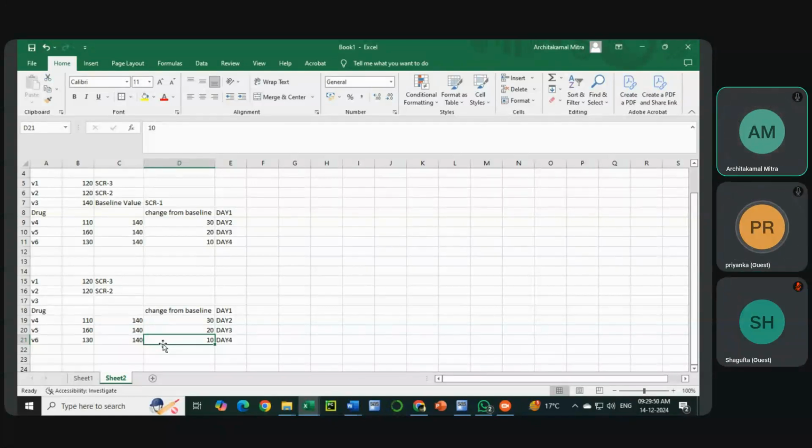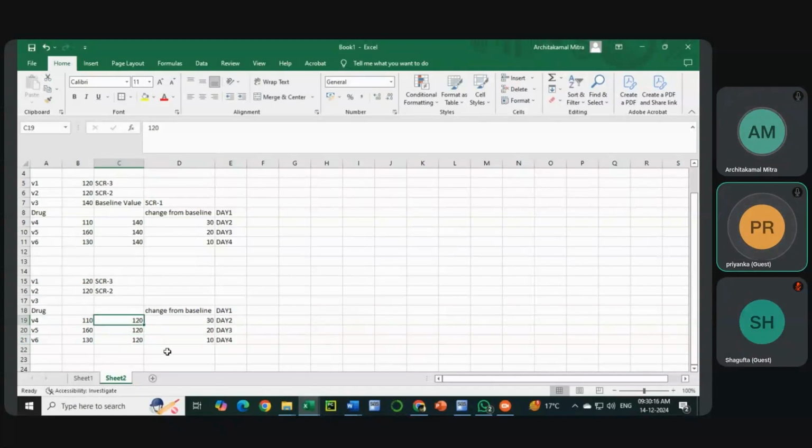Correct, absolutely. We don't have this one. So can we have this as a baseline? The immediate value before taking the drug when the patient has come to the clinical trial. So we should be considering 120. This will be 120.